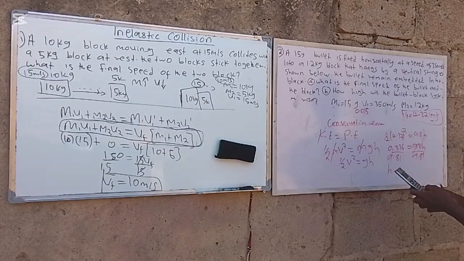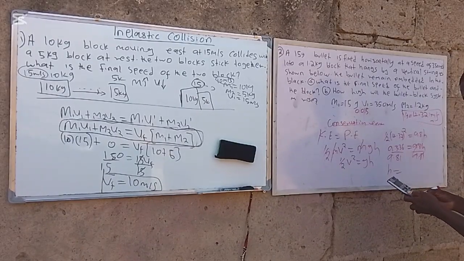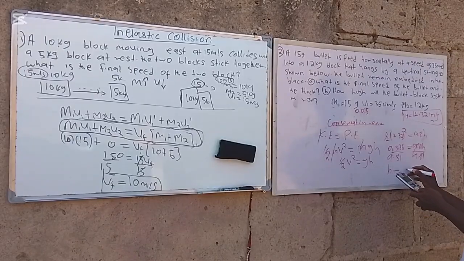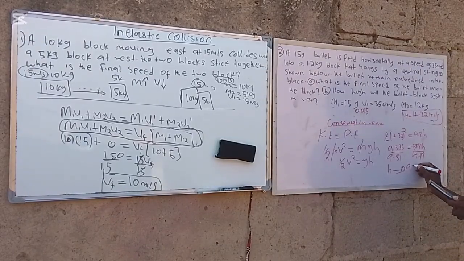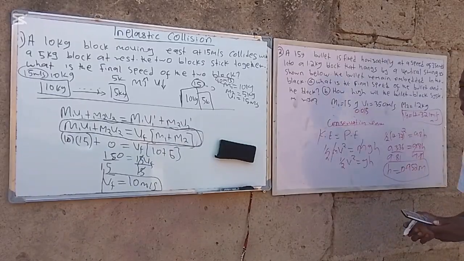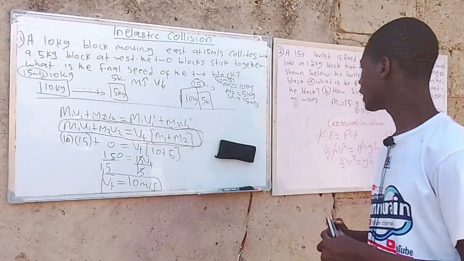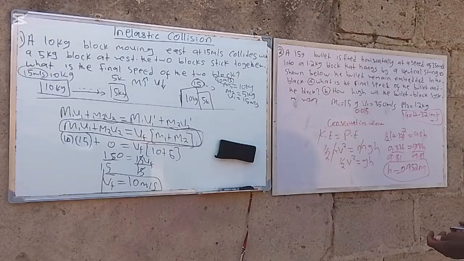At the end, height is the same thing as 9.336 divided by 9.81. So this height should now be 0.952 meter.